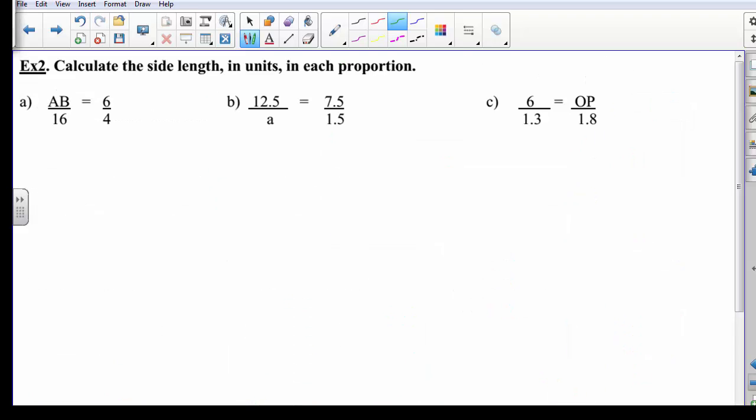Let's calculate the side length in units in each proportion. In each proportion, we need to find the missing length. So AB is the missing length here. So I know AB to 16 is equal to 6 to 4.